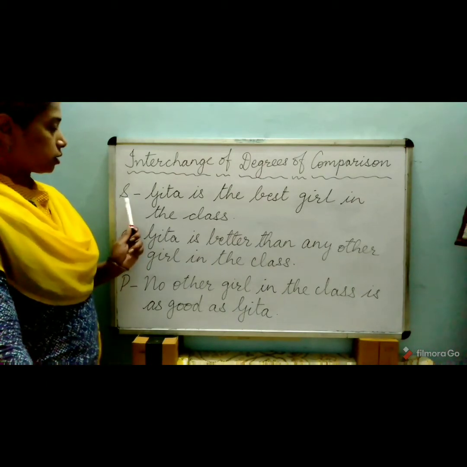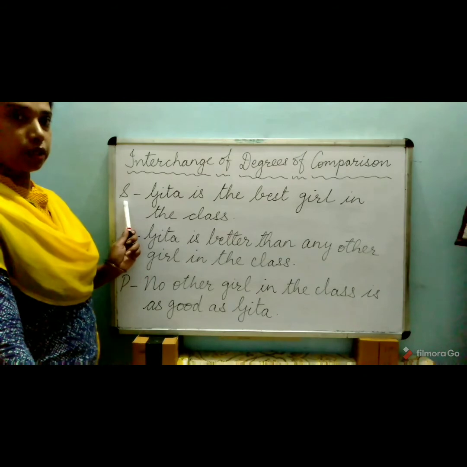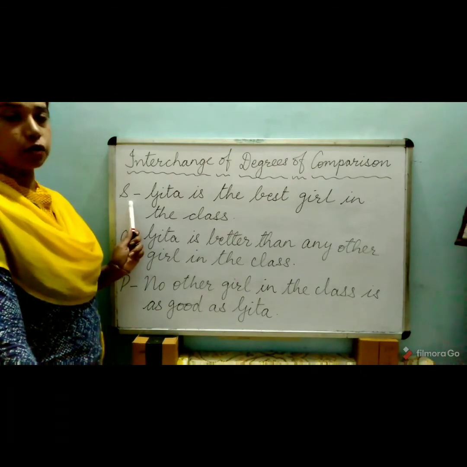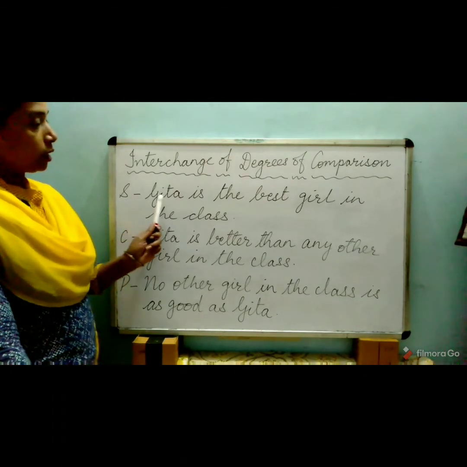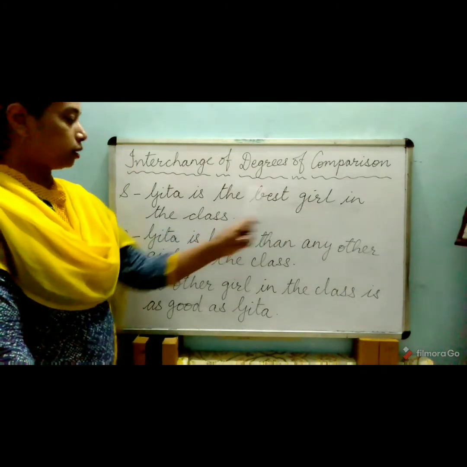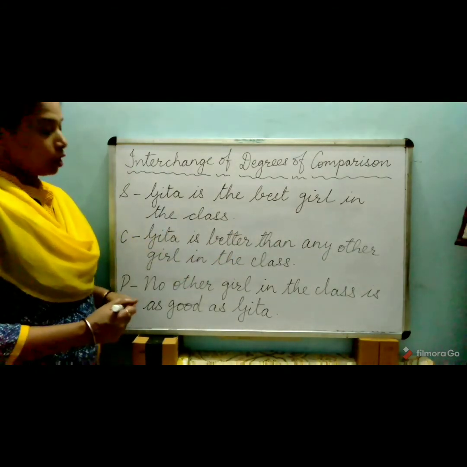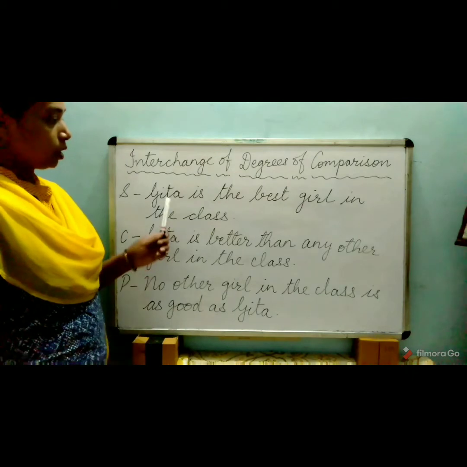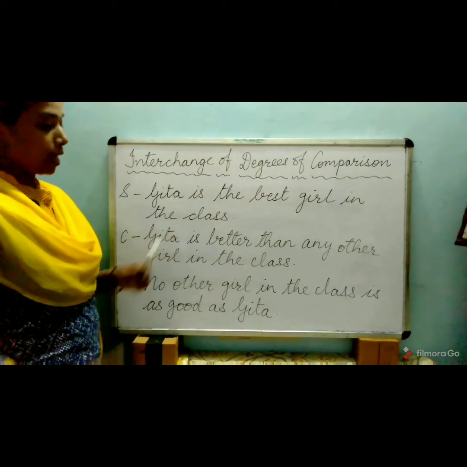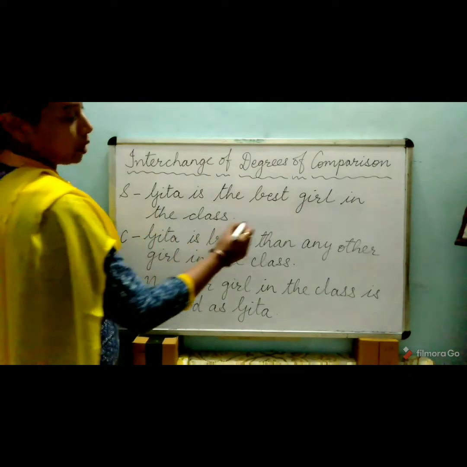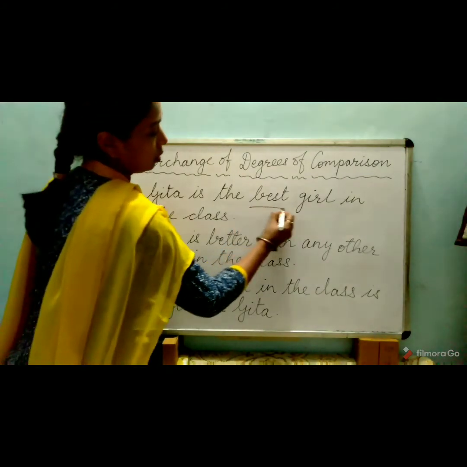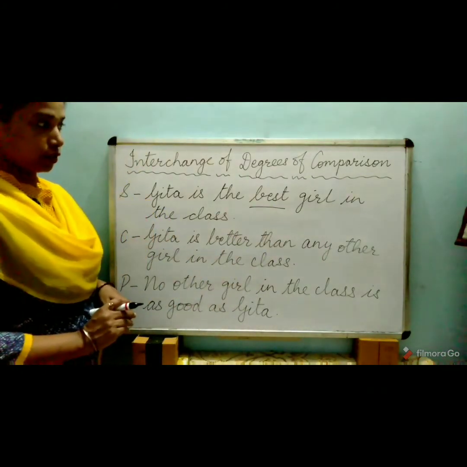Now in the first sentence, I have written the sentence in the superlative degree. Geeta is the best girl in the class. Here the comparison has been made by using a superlative adjective.